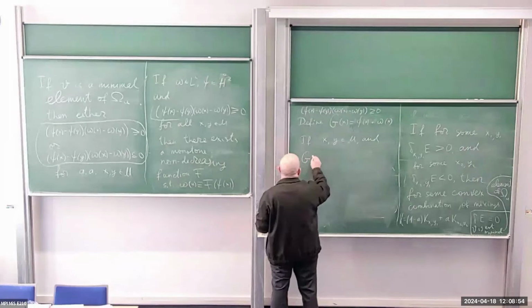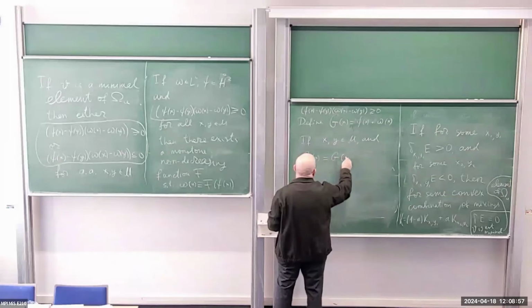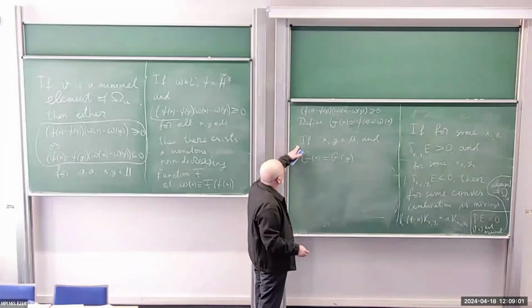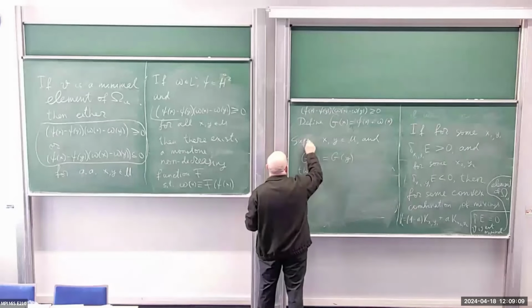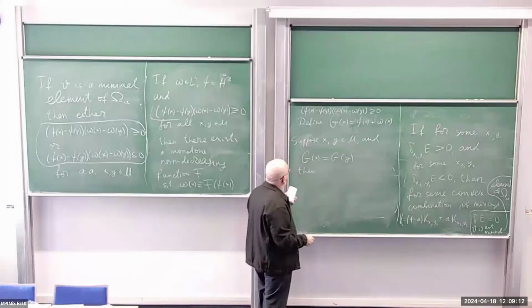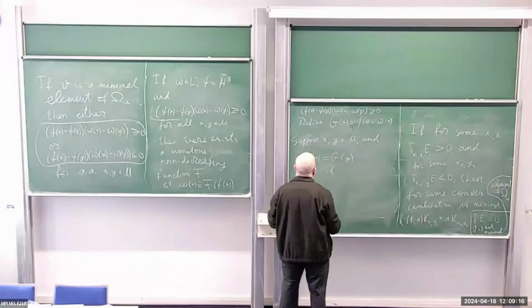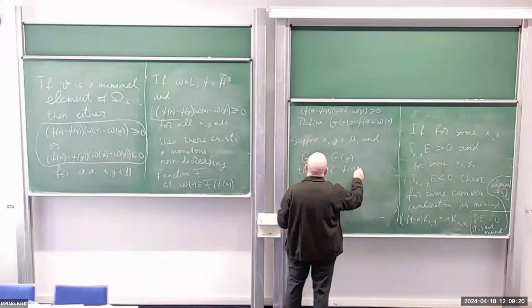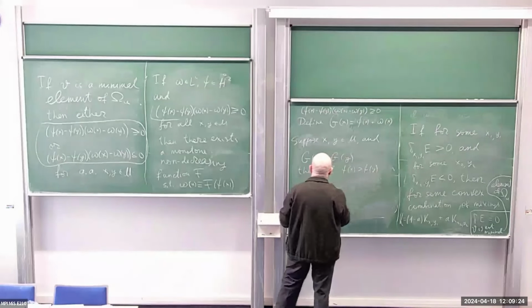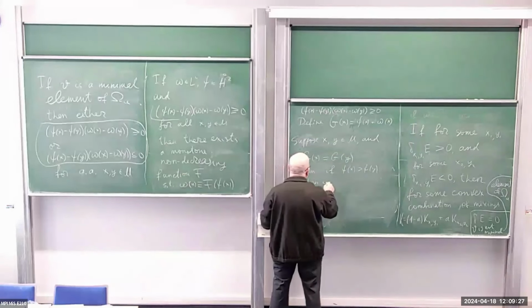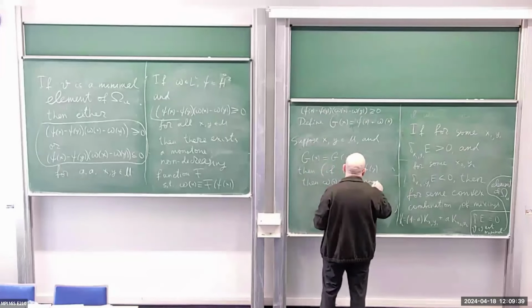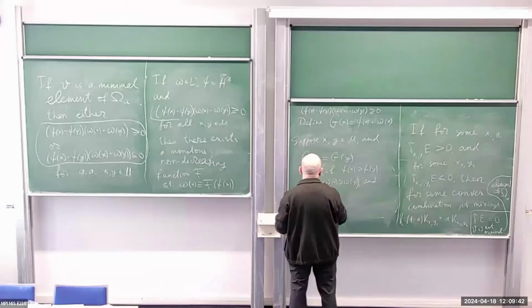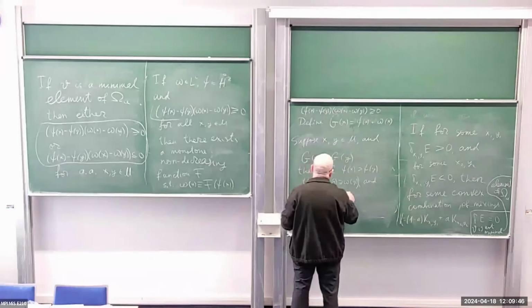And suppose g of x equals g of y. Then the following: if psi of x is more than psi of y, then omega of x is more or equal than omega of y, and so g of x is more than g of y.